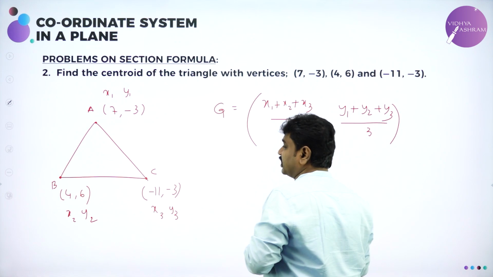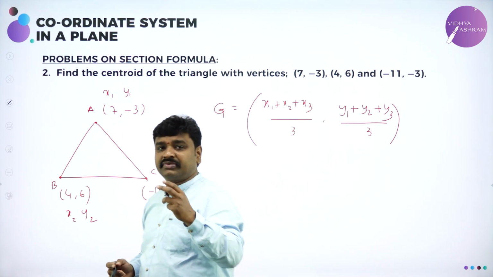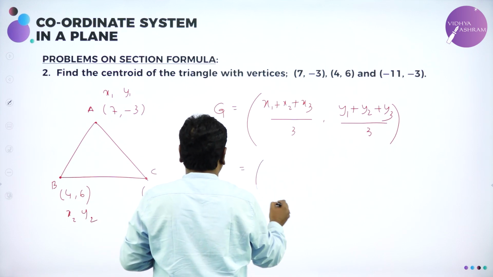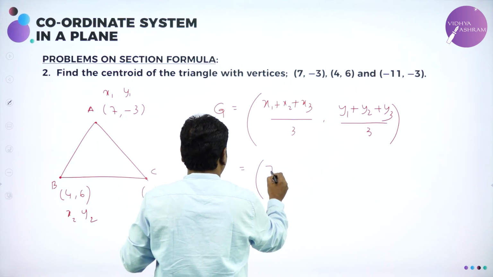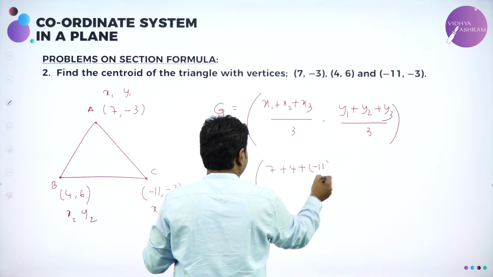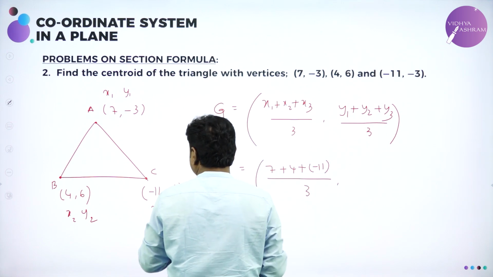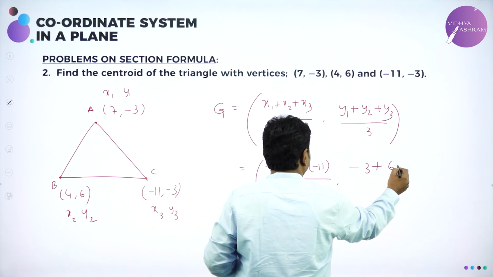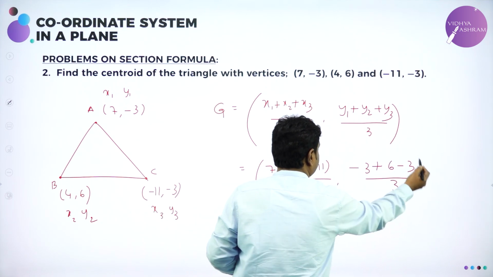Sum of the x coordinates by 3, comma, sum of the y coordinates by 3. If I add, that will become 7 plus 4 plus minus 11 divided by 3, and minus 3 plus 6 minus 3 by 3.